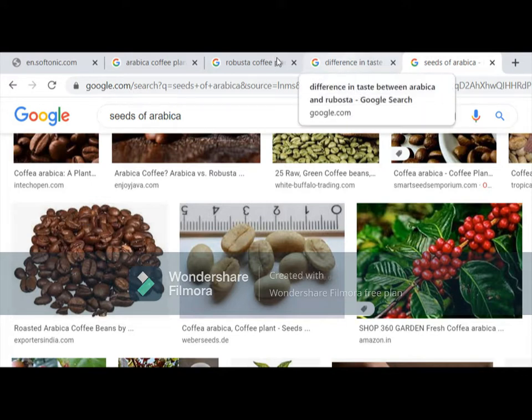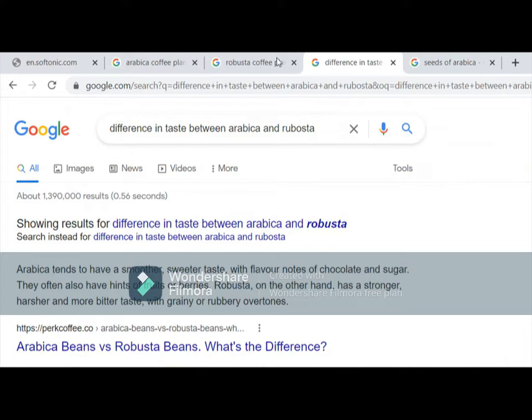Then we see Robusta. They say they often also have hints of fruits or berries. Robusta, on the other hand, has a stronger, harsher, and more bitter taste, with grainy or rubbery overtones.